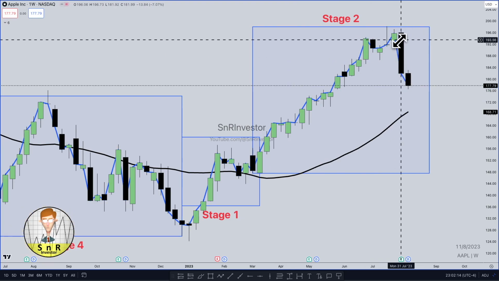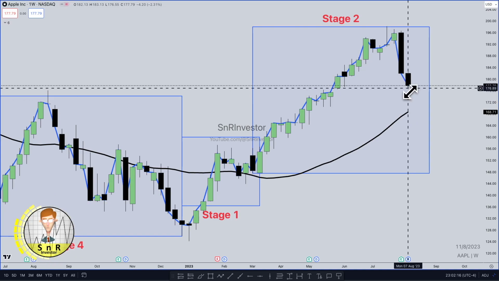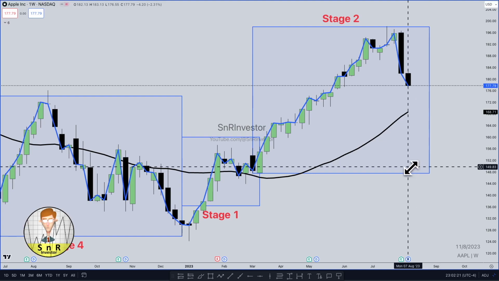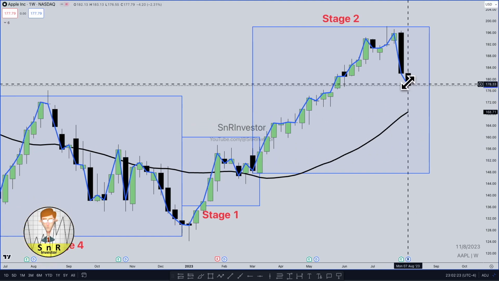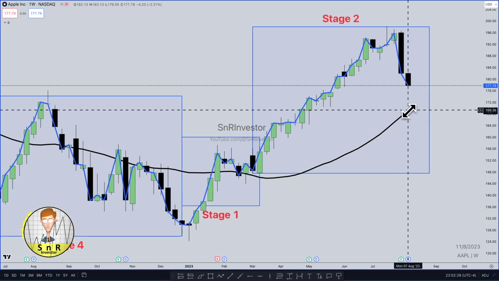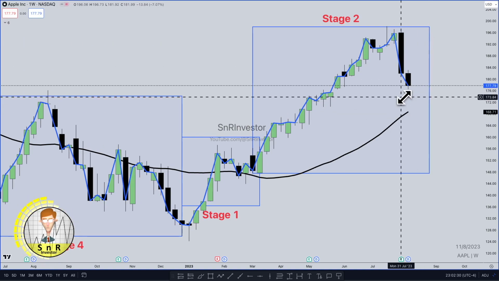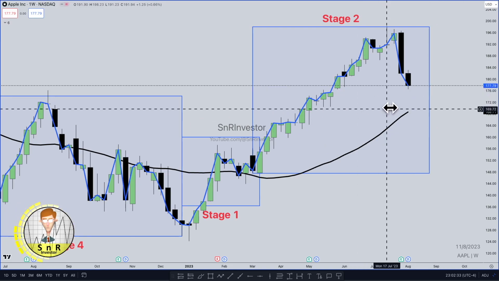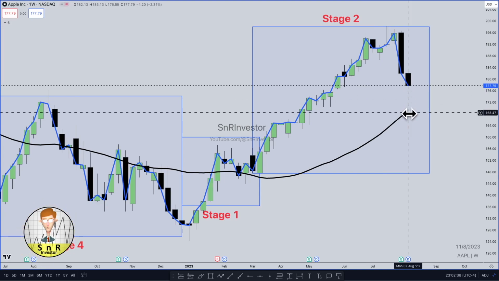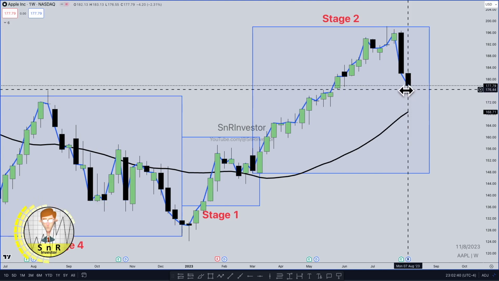And now we might be seeing that price might be moving towards the 30-week moving average, and at this point we want to see what happens when price touches the 30-week moving average. Will price actually bounce off, or will it start to consolidate around the 30-week moving average, forming a potential stage 3? And then we might be looking at maybe a very quick stage 4, or maybe another stage, a continuation of stage 2.